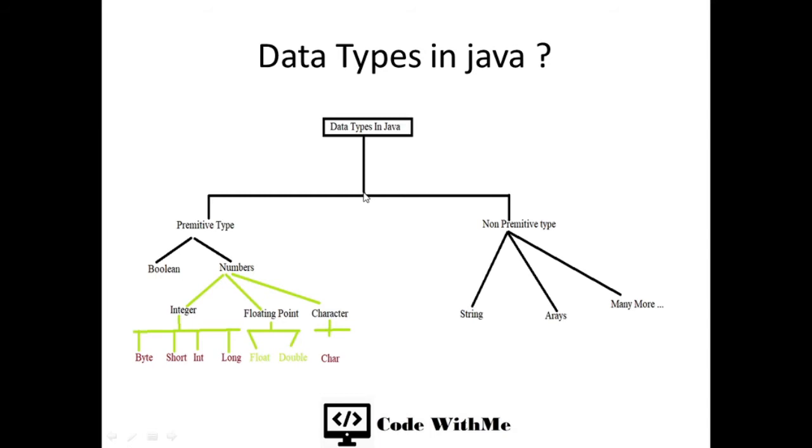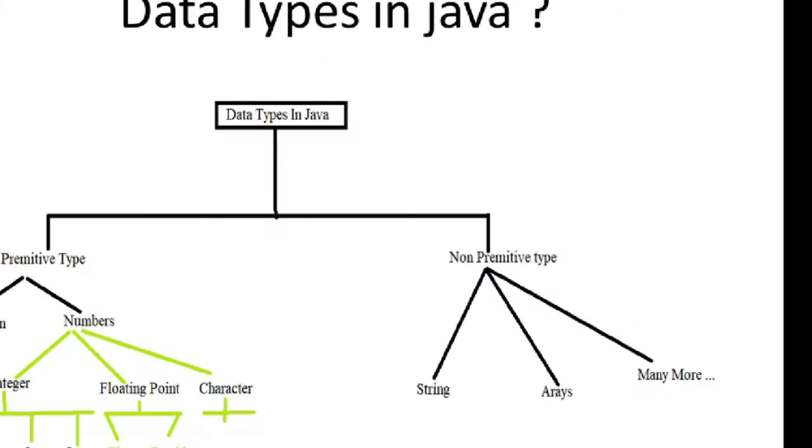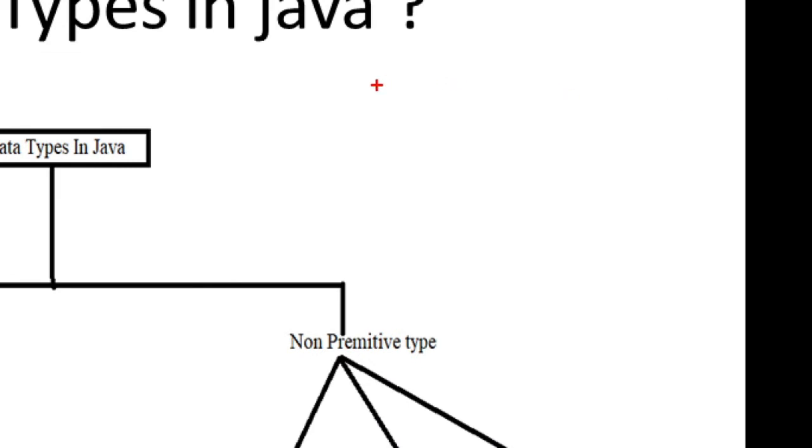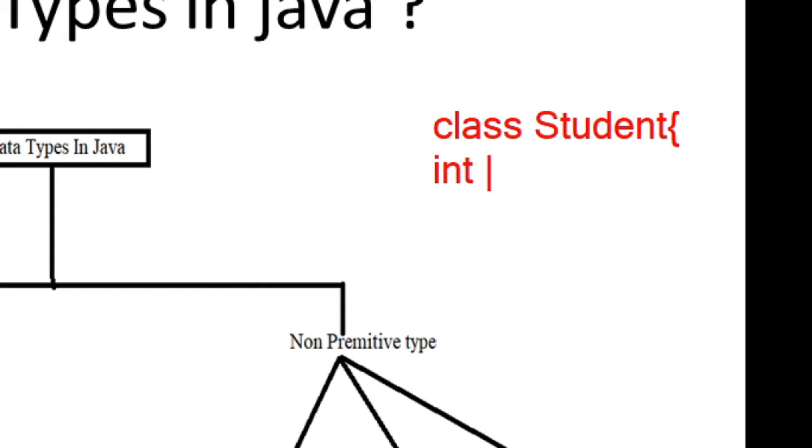Data types is nothing but, just we write a class, right? Here class name is student, and here integer, student has ID, string, student has name.